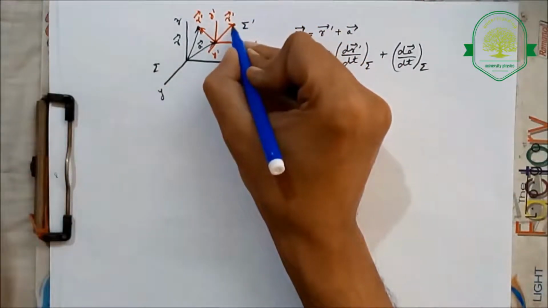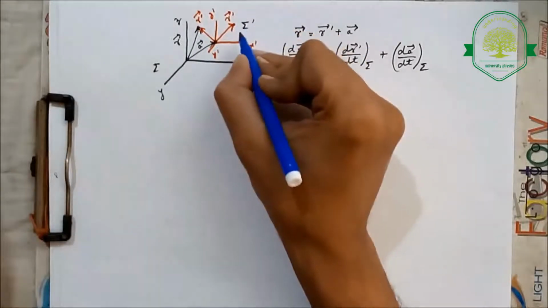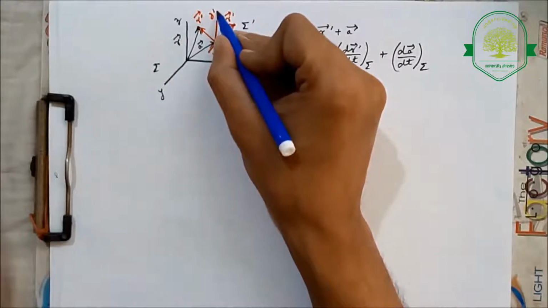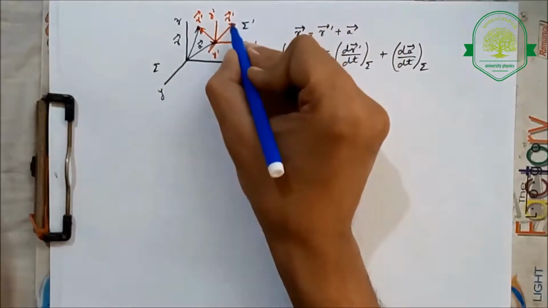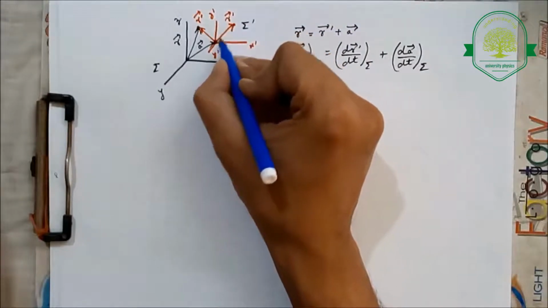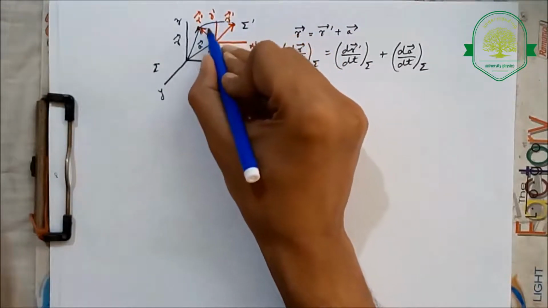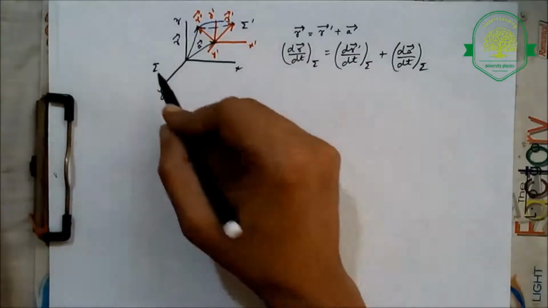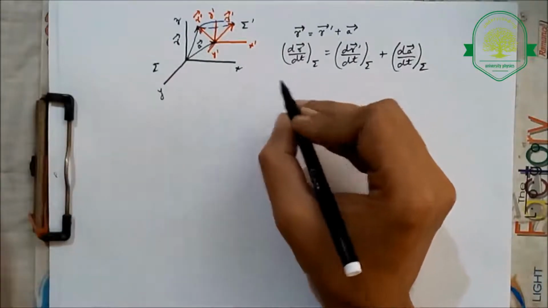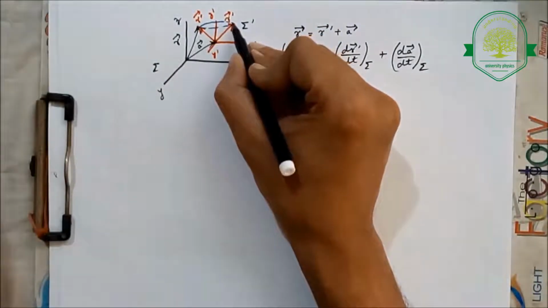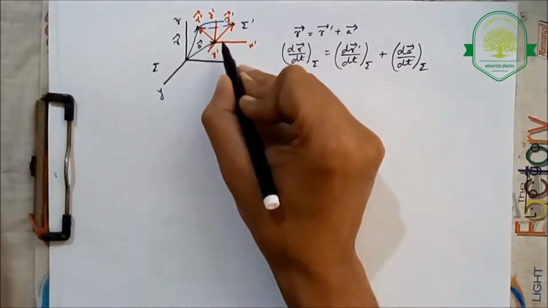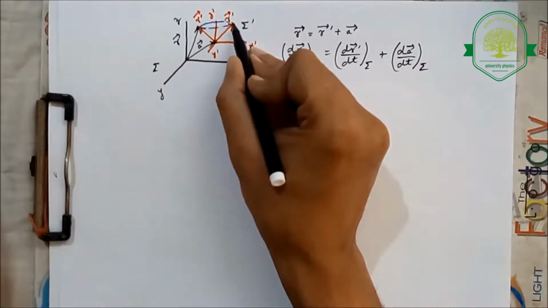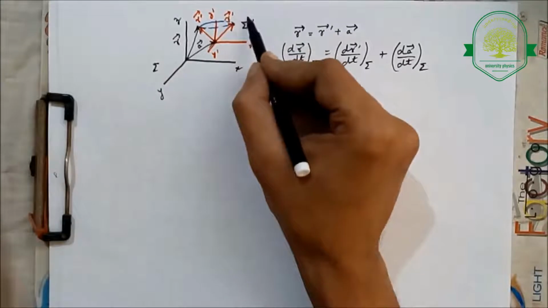The sigma primed frame is rotating with angular velocity omega, where omega lies along the z axis. The r primed vector itself rotates like so. So as seen from the sigma frame, the velocity of this point is the vector sum of the velocity of the primed frame itself and the velocity this point possesses because of the rotation of the primed frame.